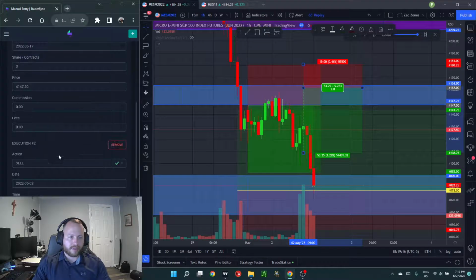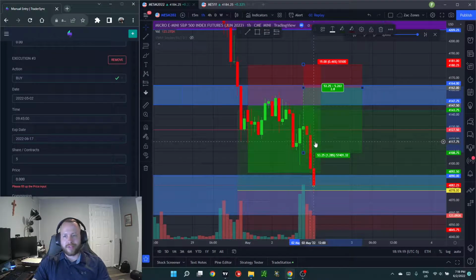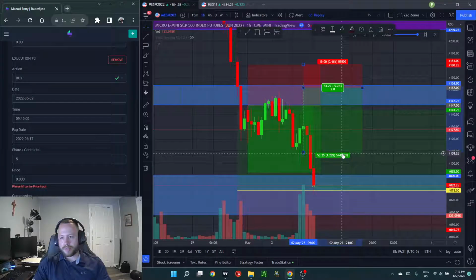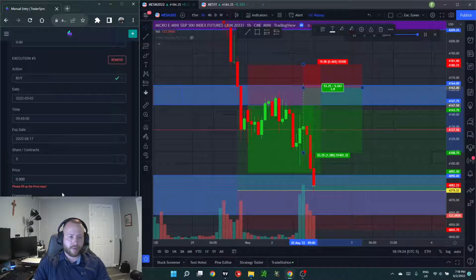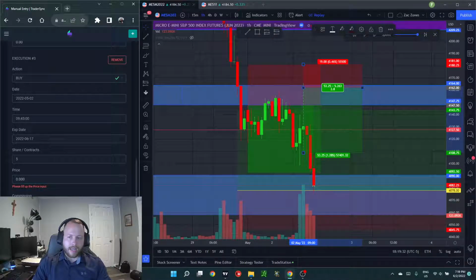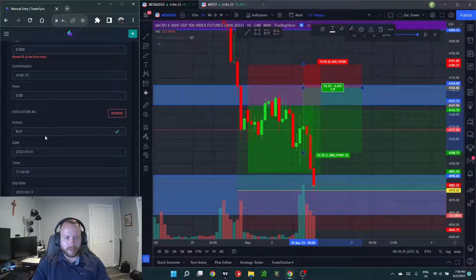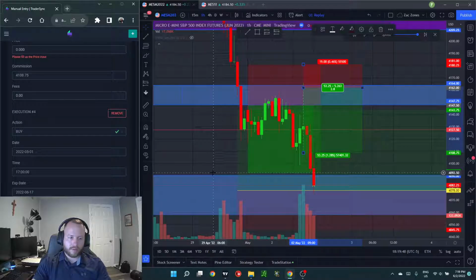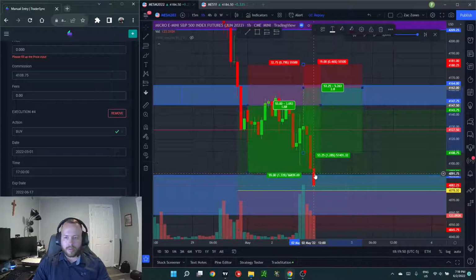That occurs at about 410875. Then add our execution. Our fourth and final execution is a buyback for 3 contracts with the price of 409250. And that occurs on, we'll just play it safe, 2nd of May at 12.